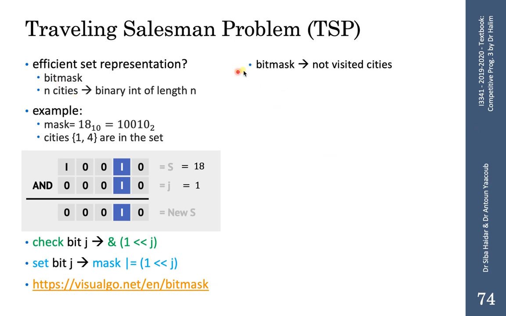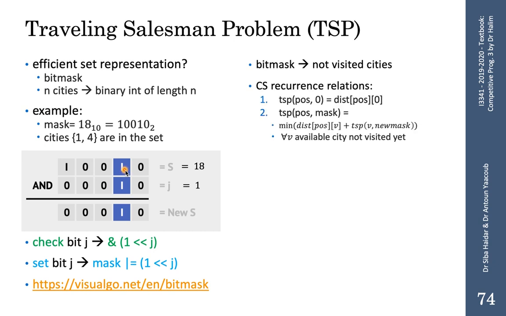Now let's suppose that we are going to use the bit mask to indicate the cities that are not visited yet. So we will put 1 indicating that these cities, for example here, city 1 and city 4, are not visited yet and we have to visit them. So what would be the recurrence relation in this case? The base case will be when you are querying a mask 0.